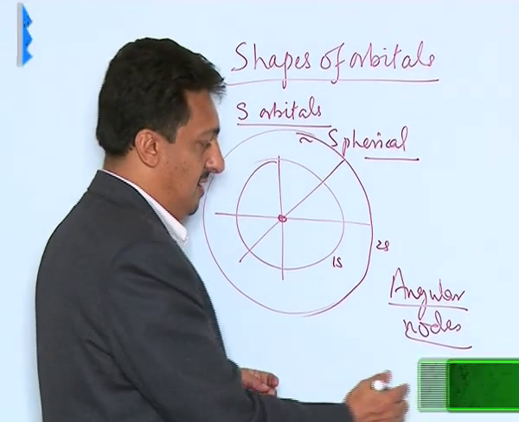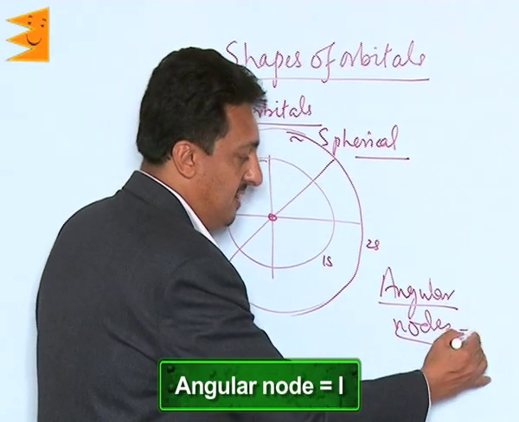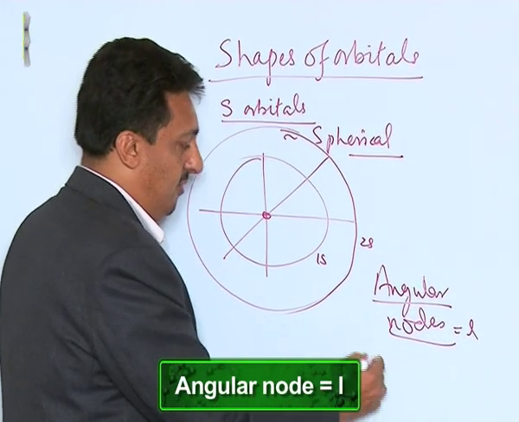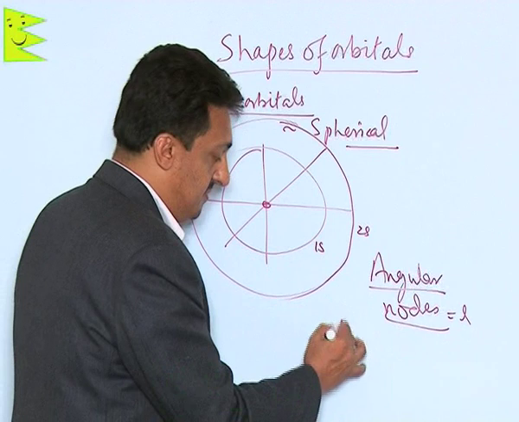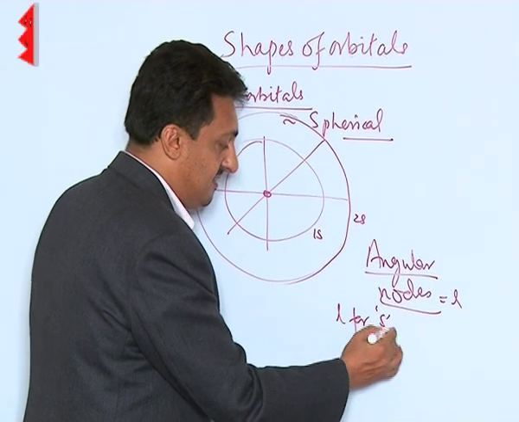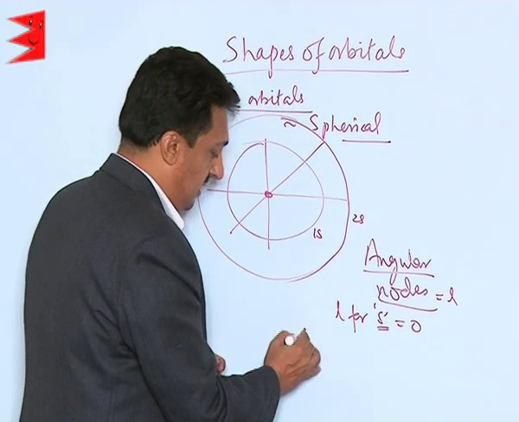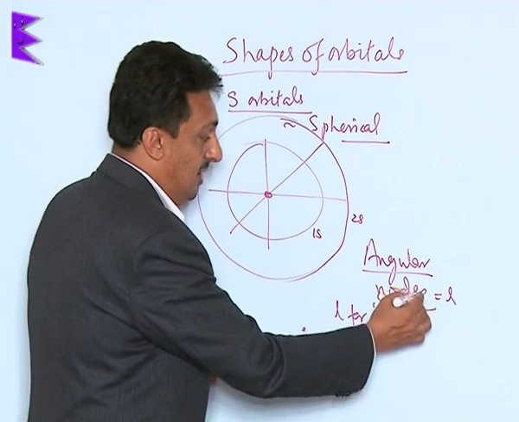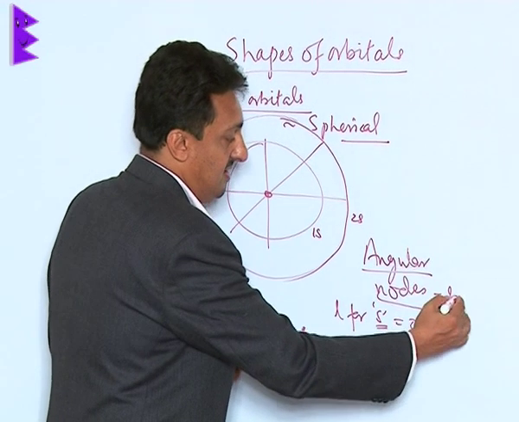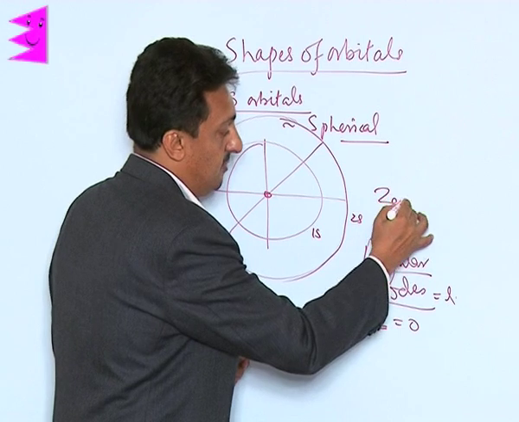So always remember, the number of angular nodes is always equal to l. Since l for s is 0, the total angular nodes in case of s are 0.